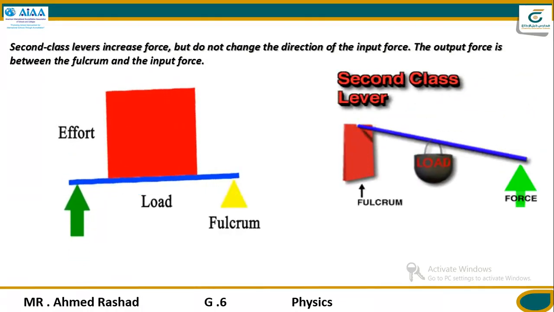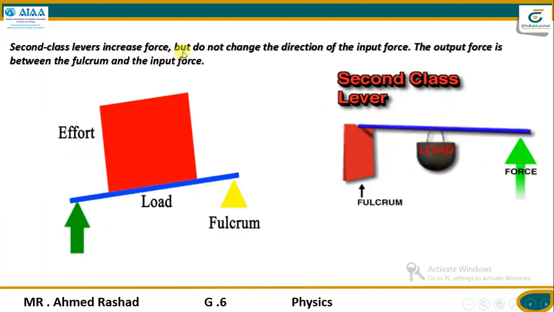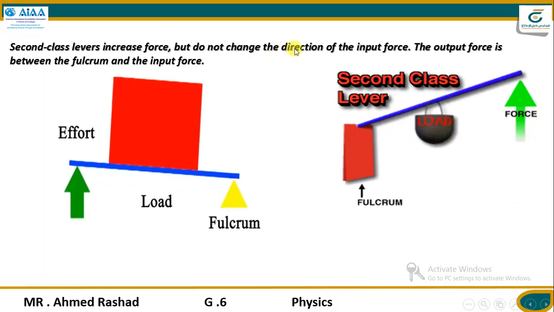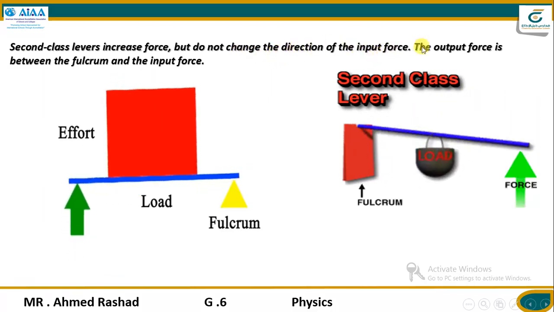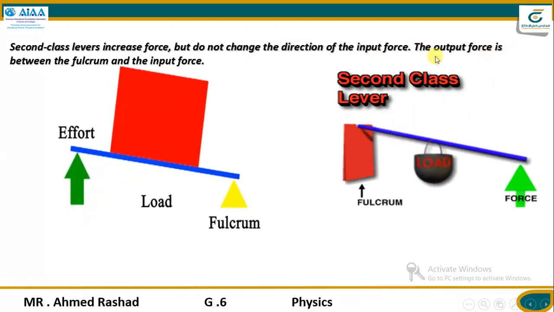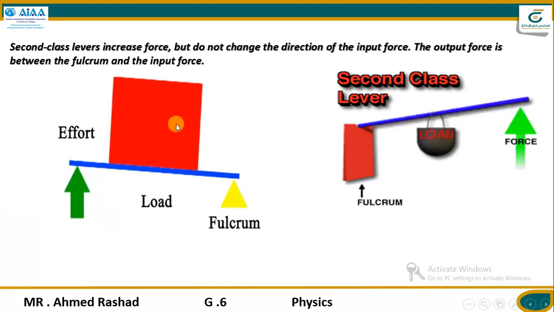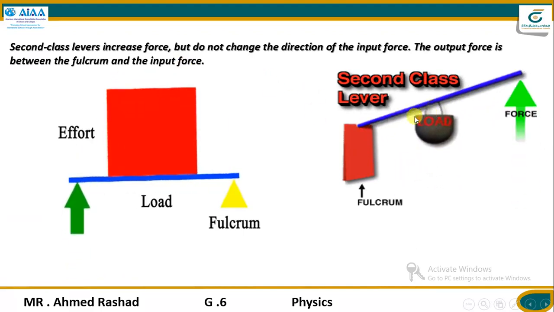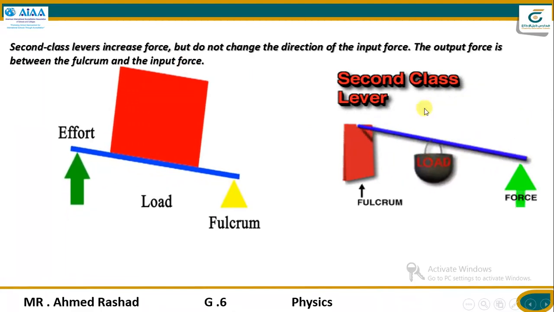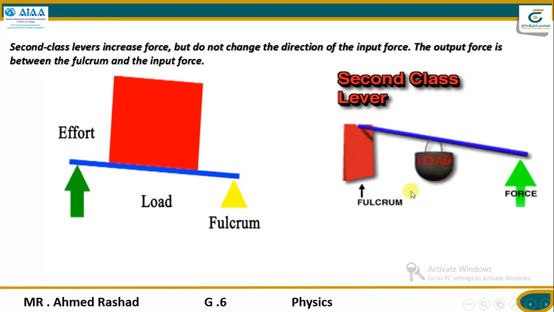In the second class of levers, no change of direction happens to the input force, but the output force is between the fulcrum and the input force. So if we put this load, this weight, as the output force, it is between the fulcrum and the force.